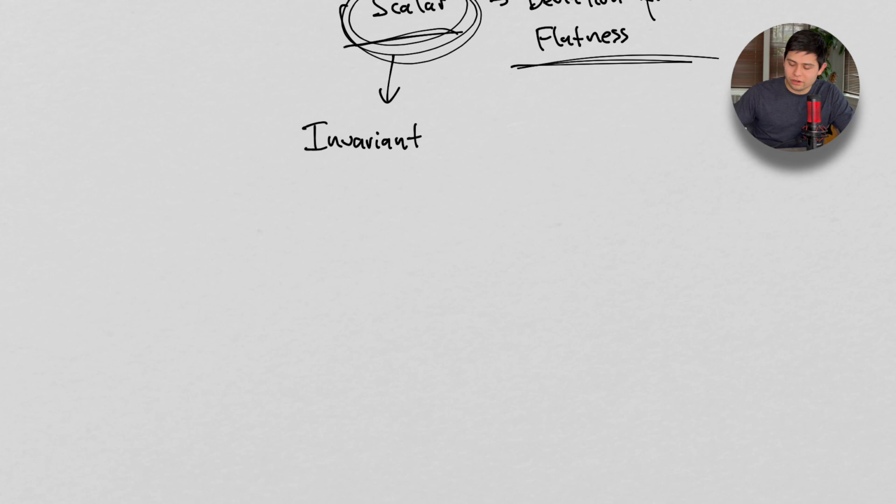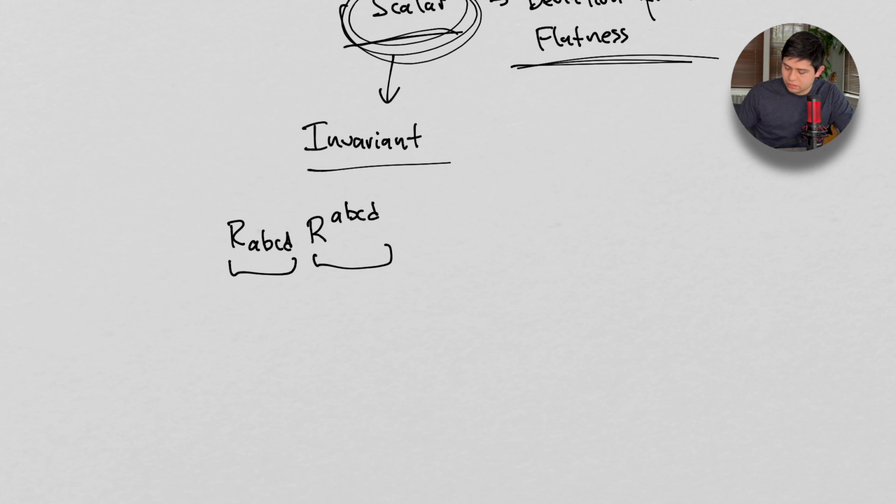And so, are there other invariants out there that might tell us something about the interesting physics of spacetime? And the answer is going to be yes, right? So we have, say for example, the Kretschmann scalar. Each one of these is a Riemann curvature tensor. When we contract those guys, we get something interesting, which is the Kretschmann scalar.